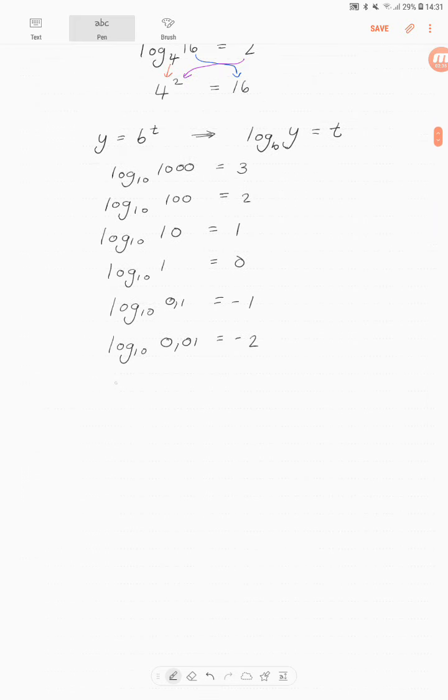Remember, our preferred base b is equal to e. So if we have log base e, we write that as ln, which is the natural logarithm. This is what we will use in most of this course.